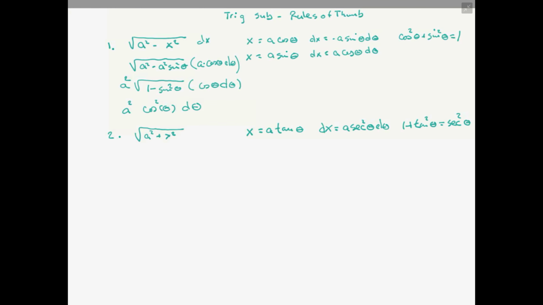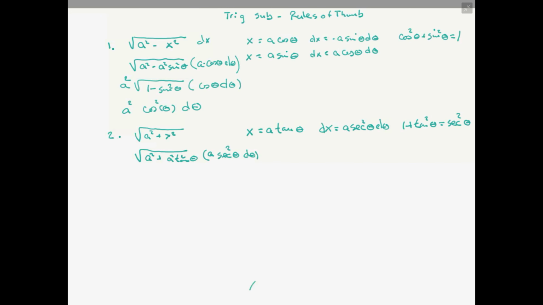And so that would lead us to the square root of a squared plus a squared tangent squared theta times the secant squared theta, so a secant squared theta d theta.